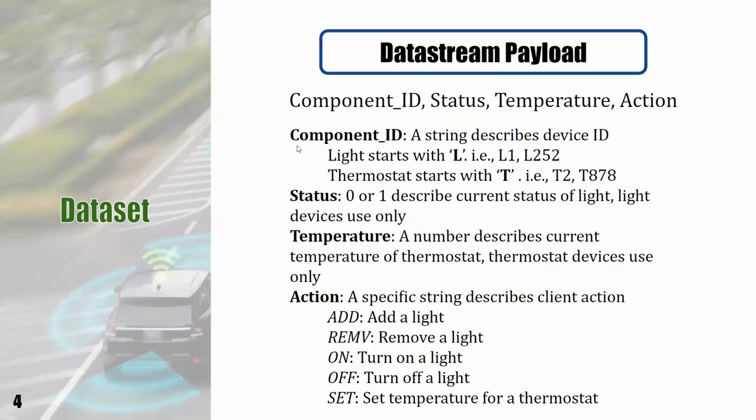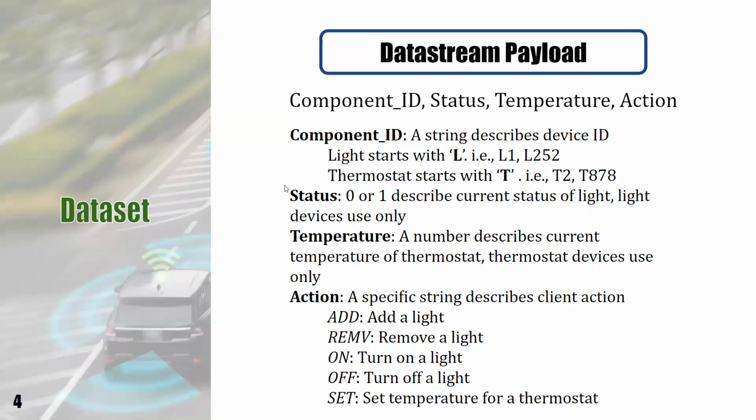Every time, my Kinesis stream will deliver a string that contains the component ID, status, temperature, and action. The component ID is a string describing my device ID, and I specify it for the light and thermostat. If it's a light, it starts with an L. If it's a thermostat, it starts with a T.